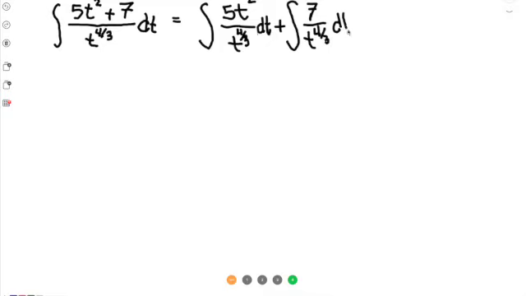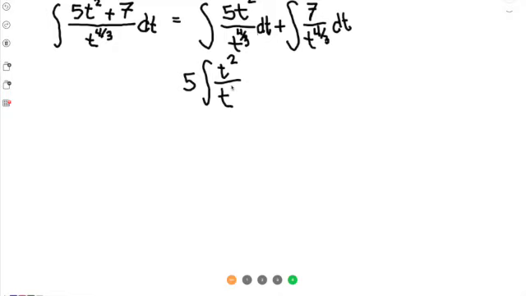Okay. So what theorem should we be applying for this one? Again, we have theorem 2. So for the first one, ilabas muna natin yung ating constant which is 5, and yung natitirang integral would be t squared all over t to the 4/3.